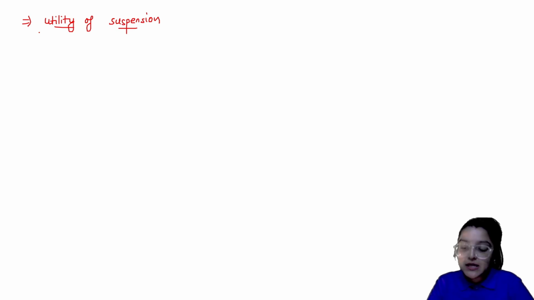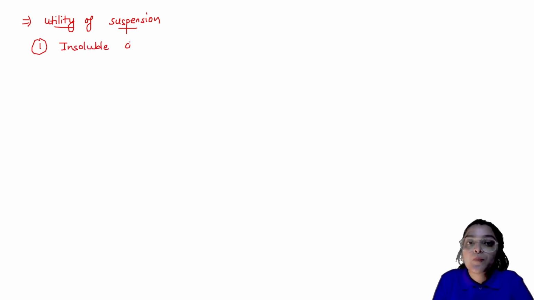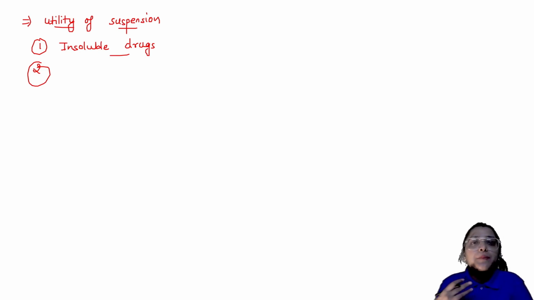So suspensions are chosen as a pharmaceutical dosage form majorly for your insoluble drugs. All right, so this is a system that is actually chosen for your insoluble drugs. Other than this, wherever it is required to mask the bitter taste or make the formulation a bit palatable, you can formulate it into a suspension.